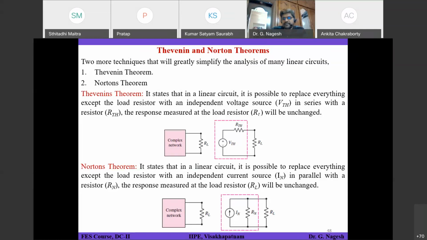So what it means is, you see here there are two circuits. One is called a complex network, given on the left hand side, and the load resistance RL is given. Now I want to study what is happening in this load resistor RL.